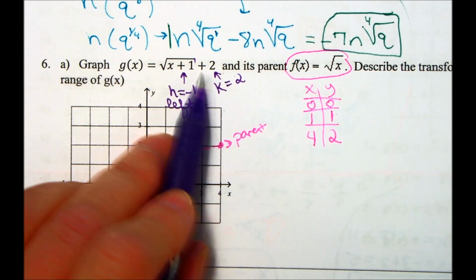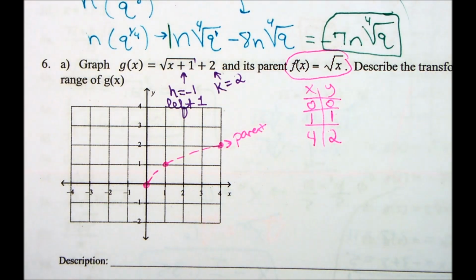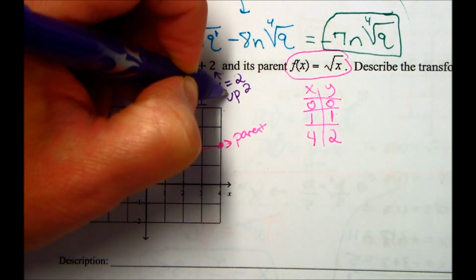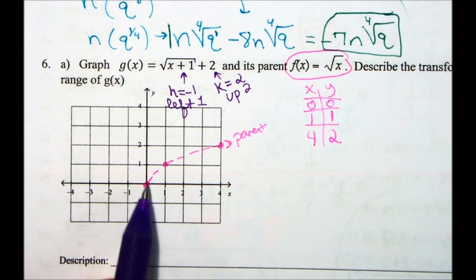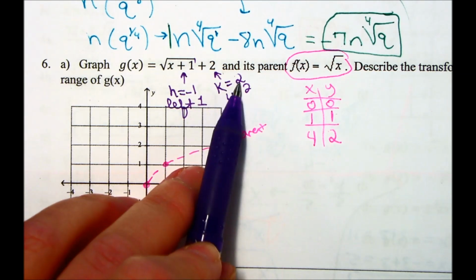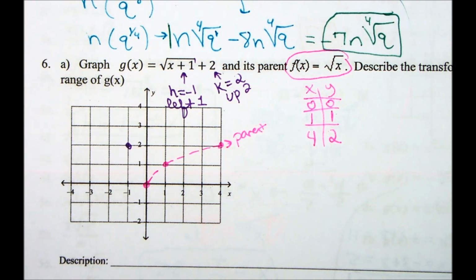So when k is 2, this number at the end that's being added or subtracted makes the graph move up or down. So this is going to move it up 2. It's also going to change your starting point. Instead of your starting point being 0, 0, your starting point is going to be -1, 2.